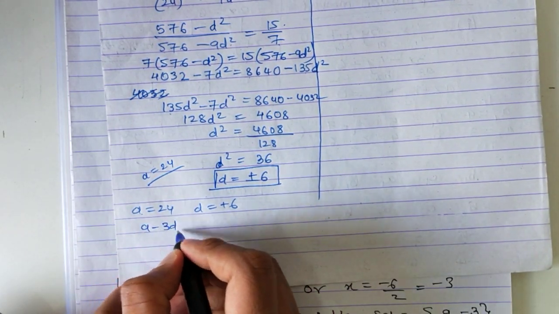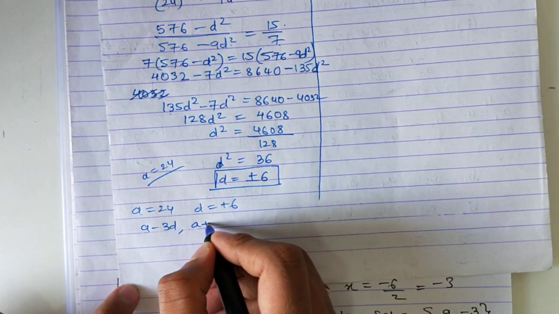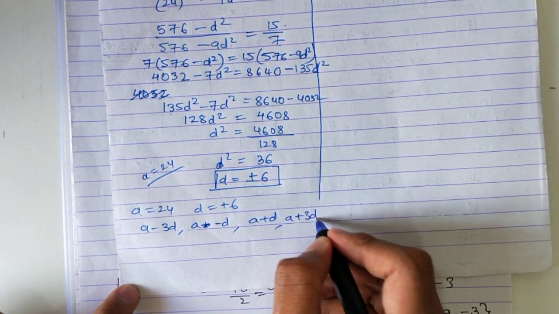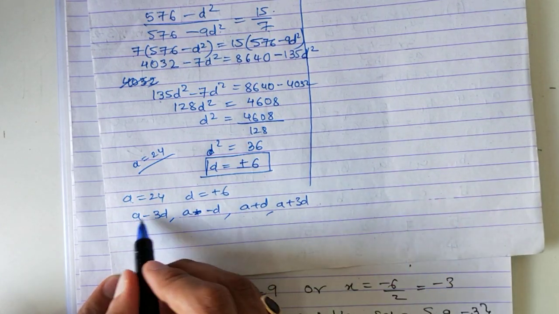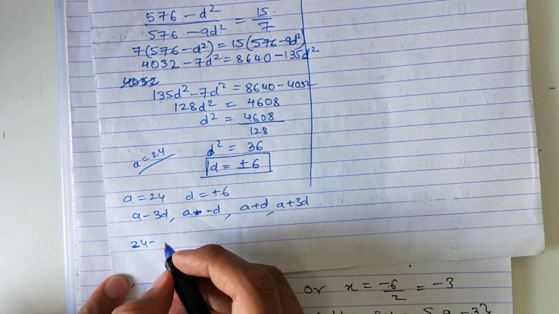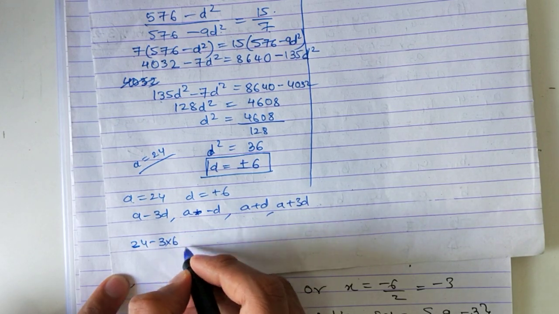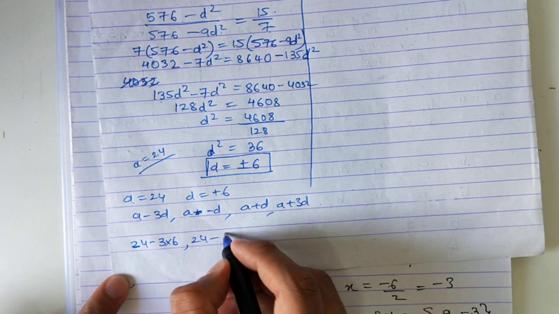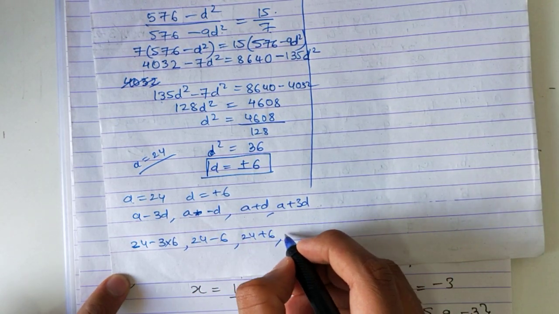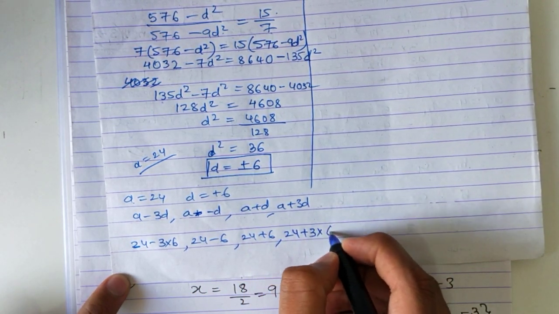The four parts are a minus 3d, a minus d, a plus d, a plus 3d. Okay, a minus 3d means 24 minus 3 into 6, 24 minus 6, 24 plus 6, 24 plus 3 into 6.